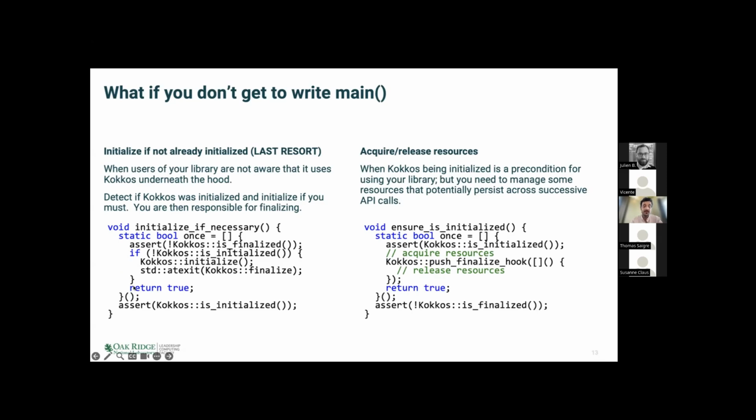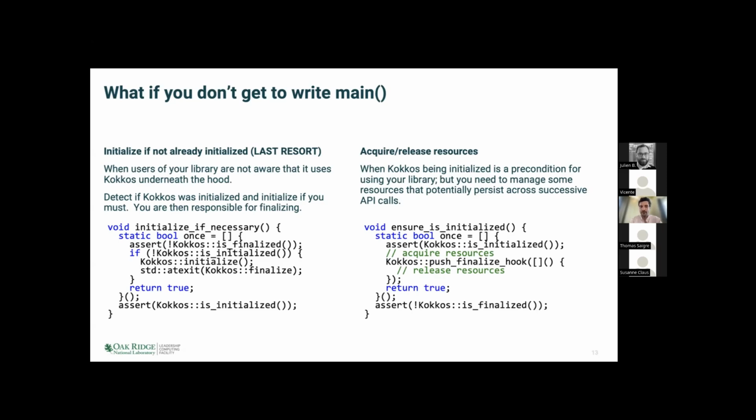Then every subsequent call, you're just checking that Kokkos is still initialized, essentially that it hasn't been finalized and it's still okay to use it. And voila. So again, last resort. Better not to be in a situation like this, but if you are, this is a good way of doing it.